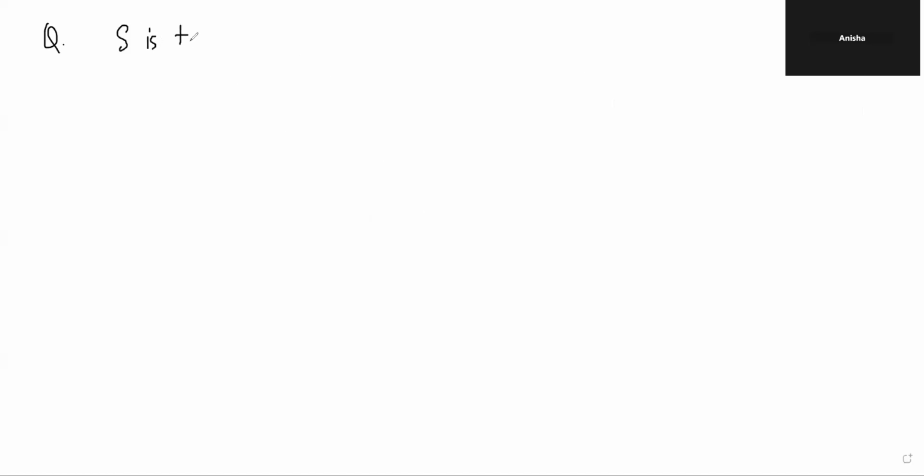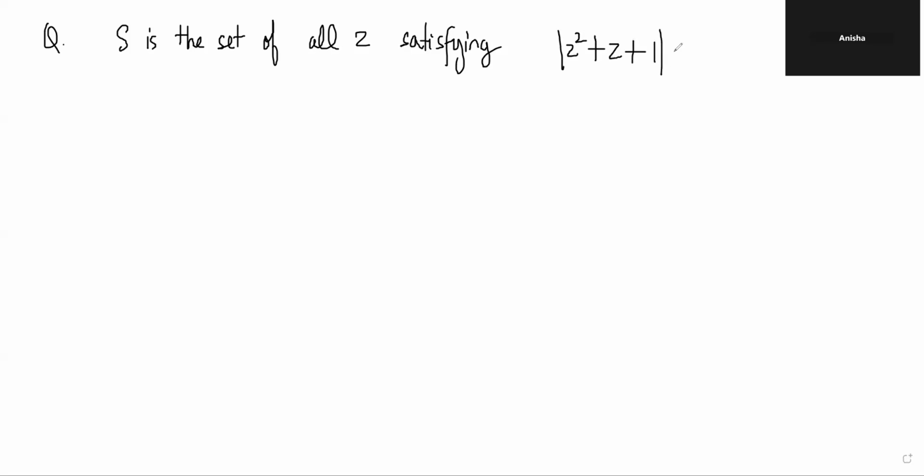S is the set of all complex numbers z satisfying mod of z square plus z plus 1 is equal to 1. Then which statement is true?